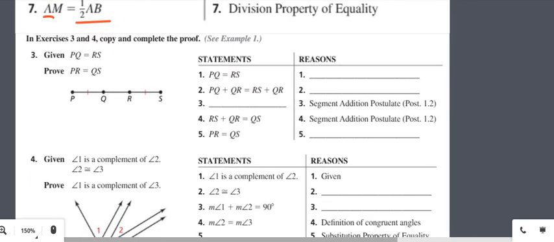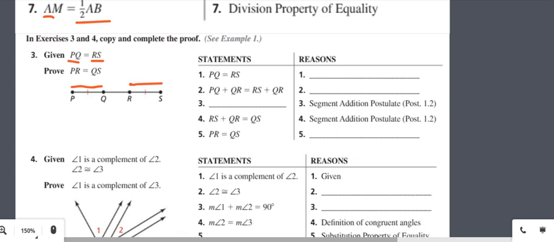Now look at the next question. What does it say? You are given this line segment PS, and we are given that PQ is equal to RS. PQ means this length is equal to this length.